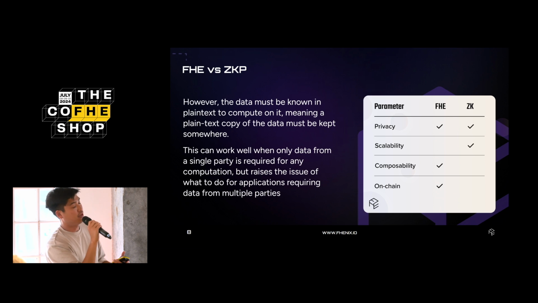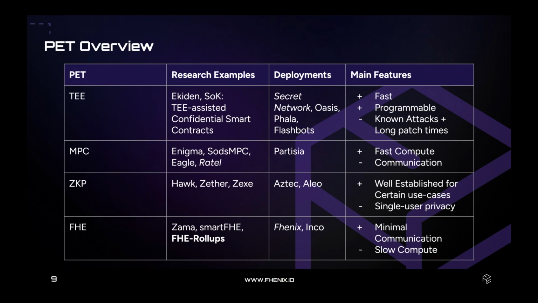For example, if you have a pool and you want to keep a running balance, it's going to have a lot of interactions from a lot of different parties, and trying to get some sort of cycle verification of each of these parties is going to be a problem in itself.